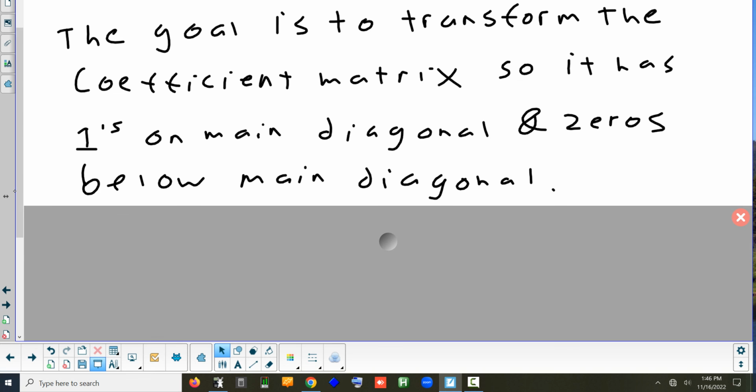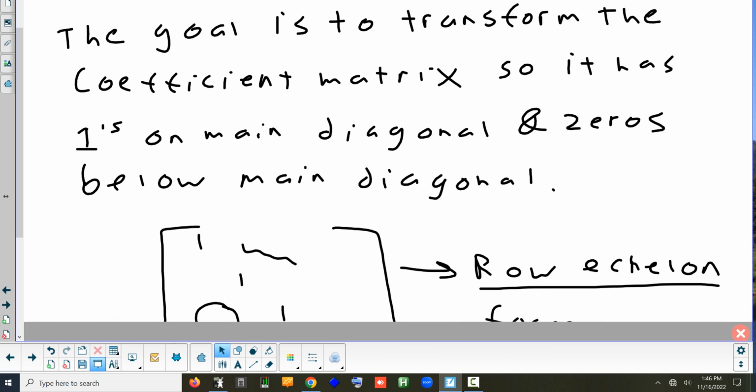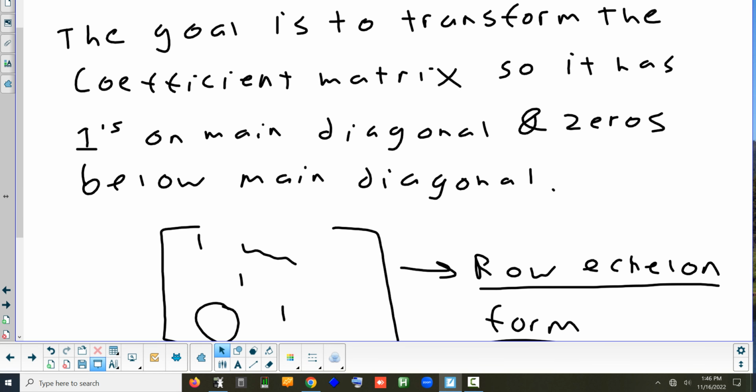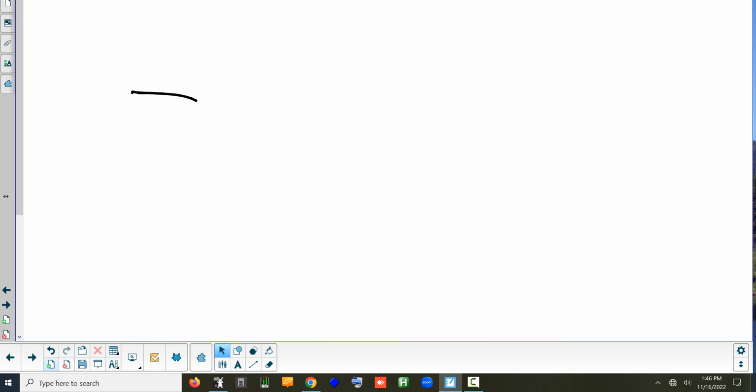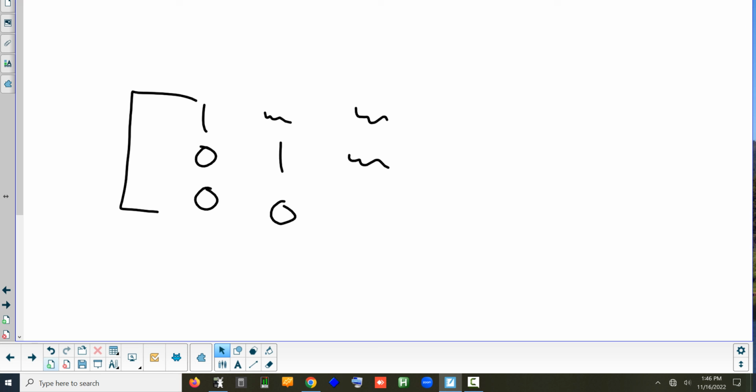So, what is the goal? The goal is to end up, let me show you with numbers first, and then I'll write it. It's something that looks like this. This could be anything. That's the goal. Actually, no, that has to be a 1.